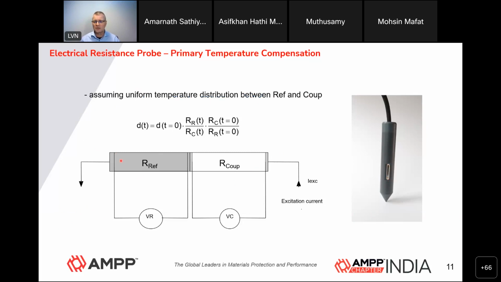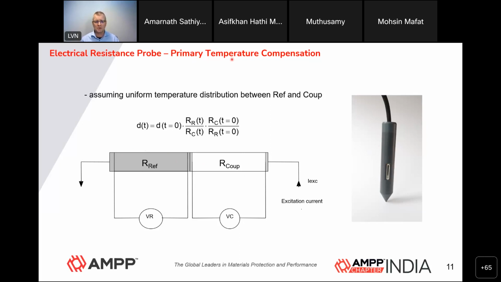And you constantly compare them by sending an excitation current through those different elements and measuring the voltage drop. You can compare how those two resistance values are developing. And since the reference element is not corroding, it depends only on temperature, and therefore you have a means of primary temperature compensation.